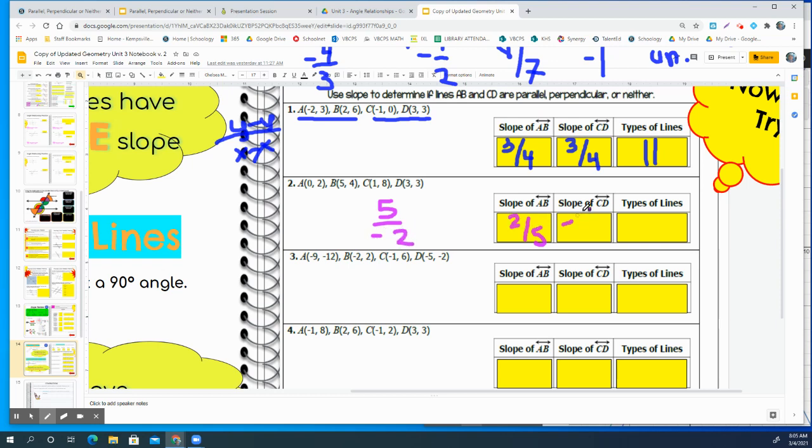So -5/2. Are these parallel, perpendicular, or neither? Perpendicular. We've taken that 2/5, flipped it upside down, and made it negative. So parallel are going to be the same slope, perpendicular are going to be the negative reciprocal. It has to be both negative and upside down. So you got to be careful. Let's do a couple more.